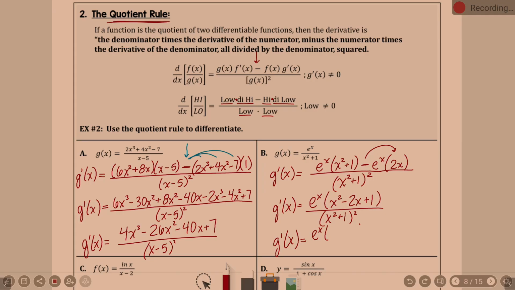X plus 1 squared? Getting closer. X minus 1 squared. Oh, minus 2. I do need glasses.